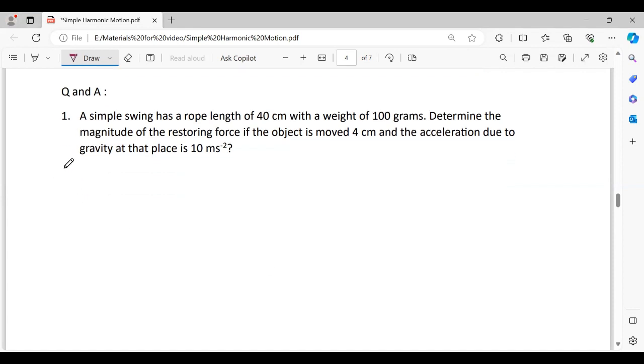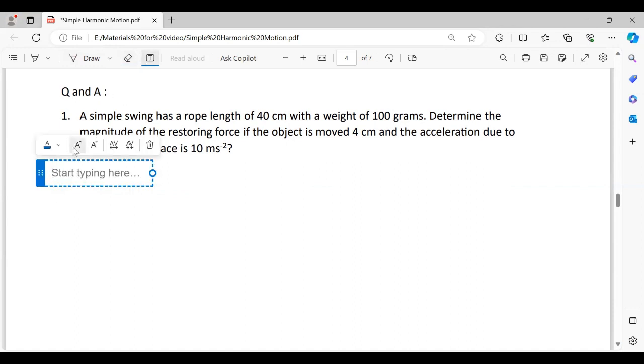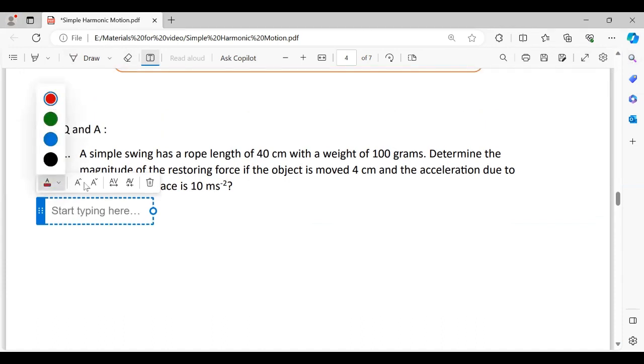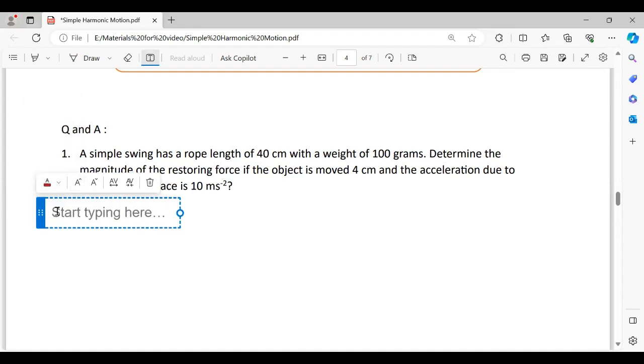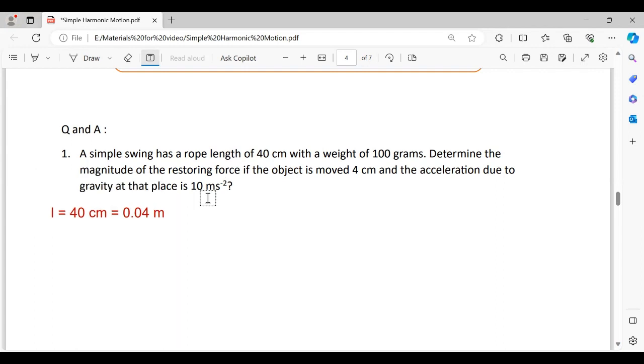So L, if we convert into meters, becomes 0.4 meters. Okay, that's for L.